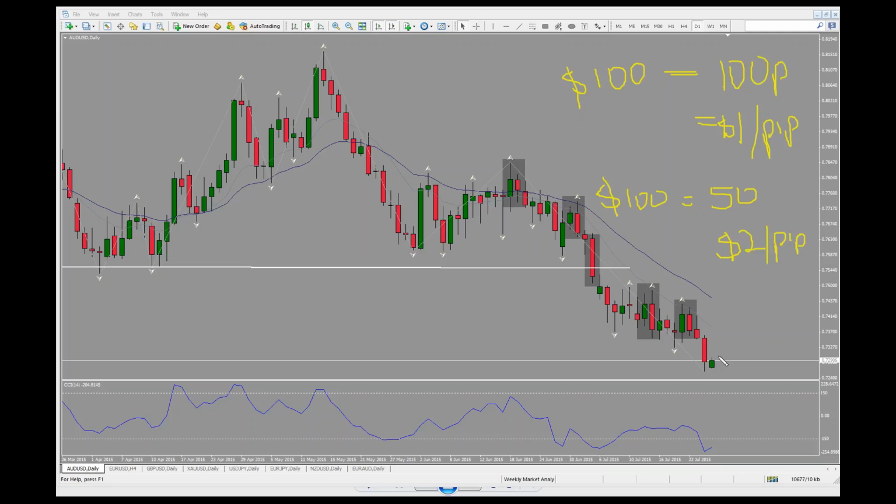Does everybody understand that? Okay. $2 per pip is roughly 0.2 volume, and this trade over here is roughly 0.1 volume. So essentially, it's the same risk. The risk has not changed. The volume changes to adjust the risk.